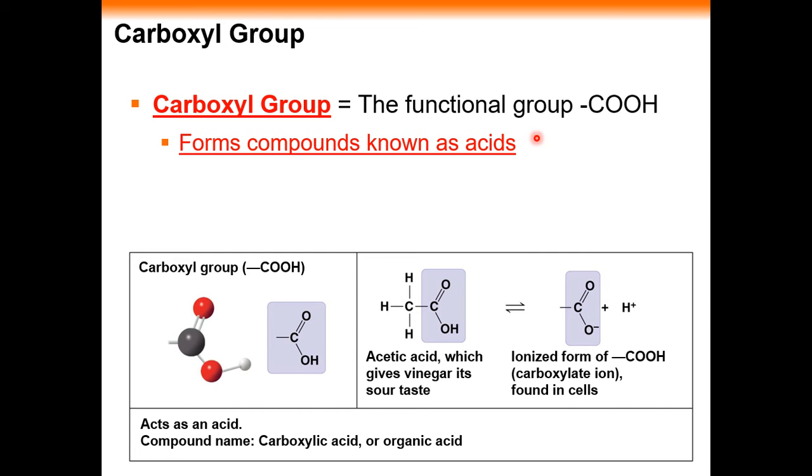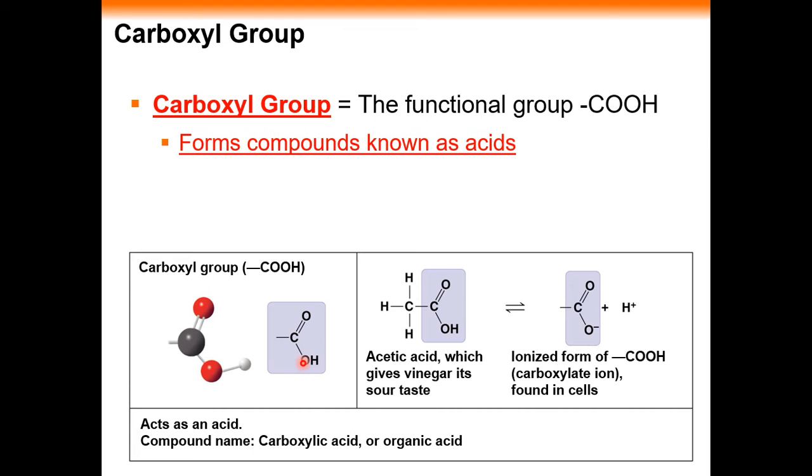There's a carboxyl group. A carboxyl group is this thing right here. A COOH. A C double bond O, bond OH. This thing here, you should definitely be able to recognize, because if you see something that has that, it often forms compounds known as acids. So most acids have this.